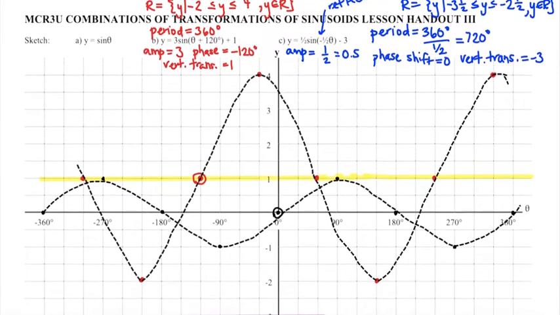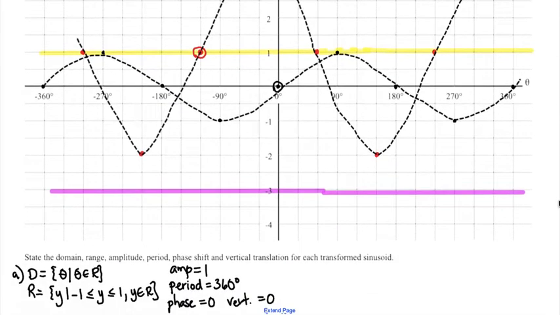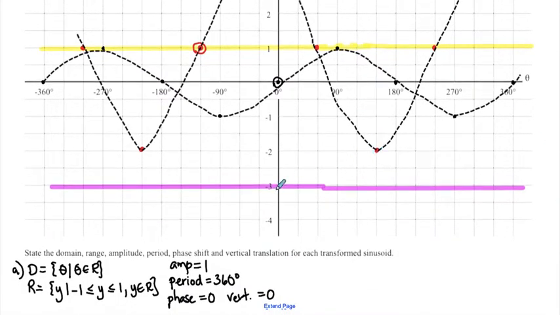So now I'm going to come back down to the lower part of my grid. Normally I would start at 0, and that's also where I'm going to start here. My amplitude and period don't affect where I start because I have no phase shift. So this is my starting point right here.